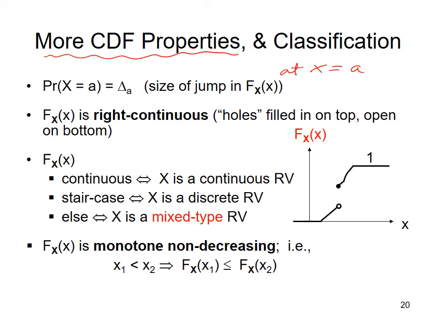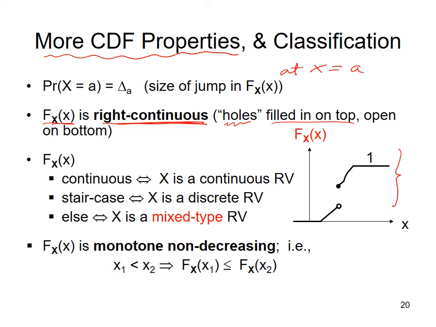We've already mentioned in class 2 that F_X of x, the graph, is always right continuous. That means if there are any holes, not all CDFs have holes, but if there are holes, the holes are going to be filled in on the top and open on the bottom. So here's sort of your typical sketch of one that has a jump at a particular point, and the hole is open at the bottom, filled in at the top.